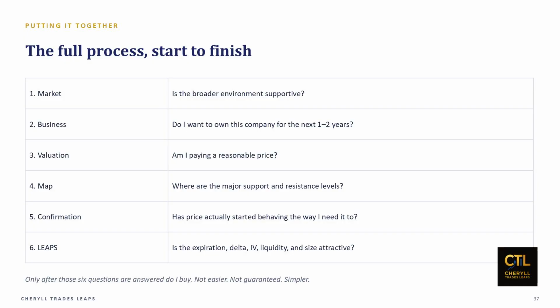Where are the major support and resistance levels? 5. Confirmation. Has price actually started behaving the way I need it to behave? 6. LEAPS. Is the expiration, strike, delta, IV, liquidity, and position size attractive? Only after those questions are answered do I buy.